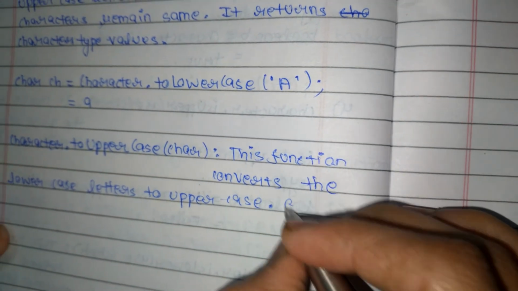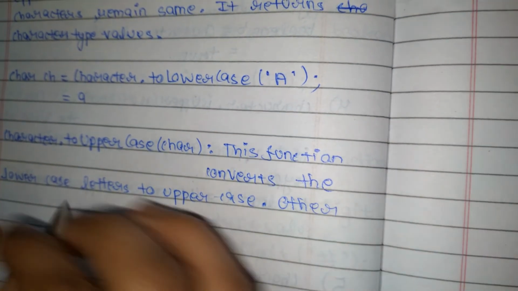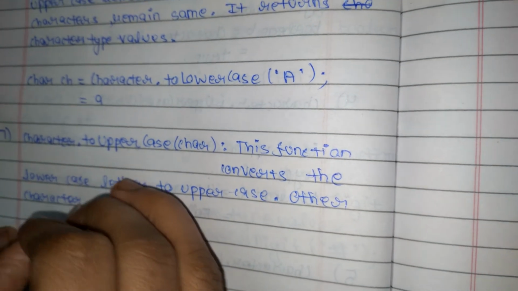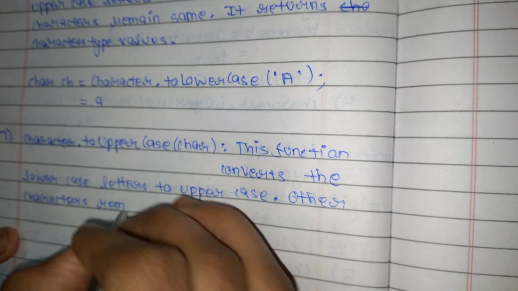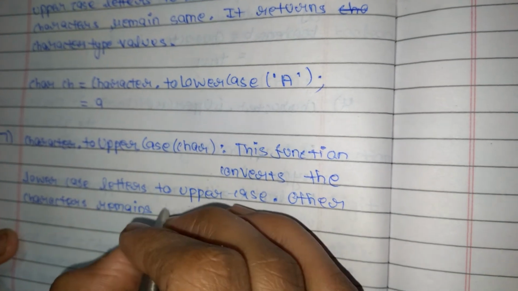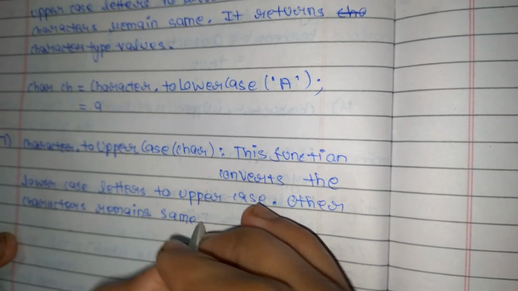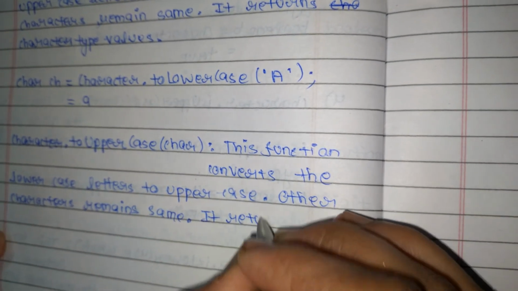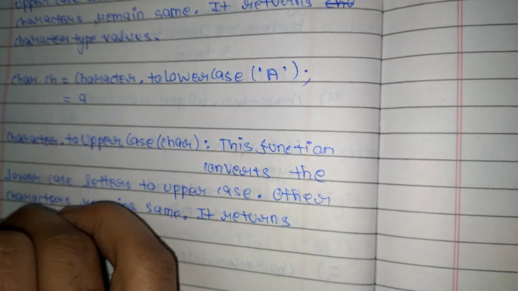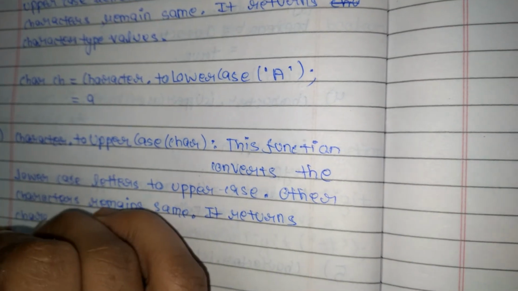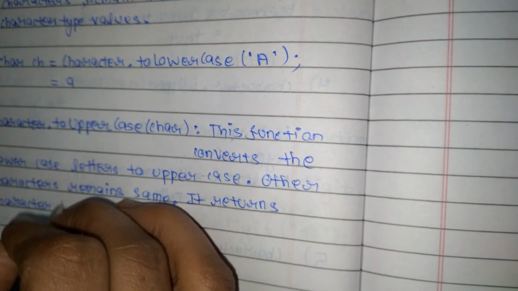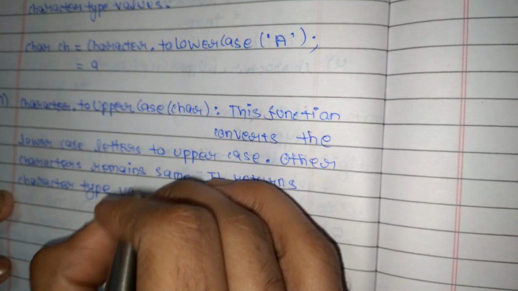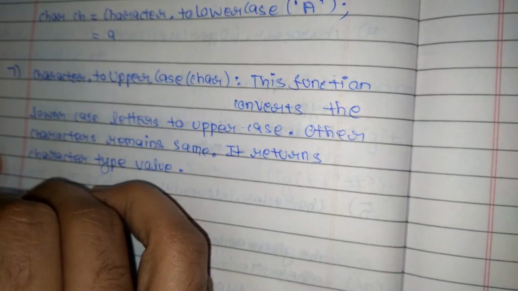Other characters remain the same. It returns a character type value. As here it converts lowercase to uppercase, therefore it returns a value which is a character.